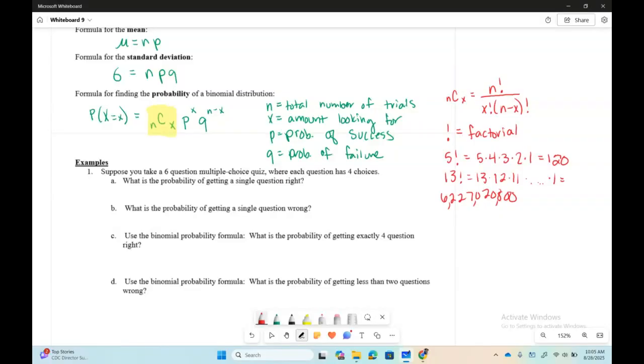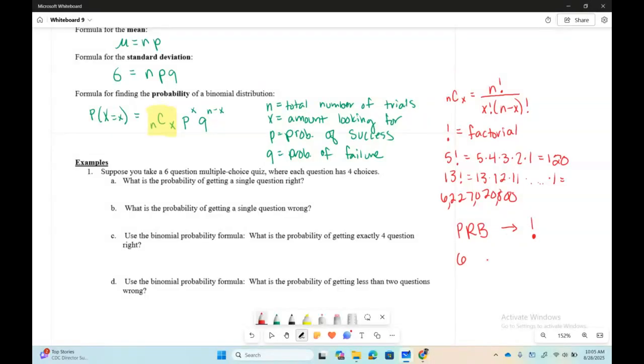On your calculators, there is a button that says PRB. If you press that and then scroll to the right, you should be able to see an exclamation point. So you can use your calculator to help you with that.